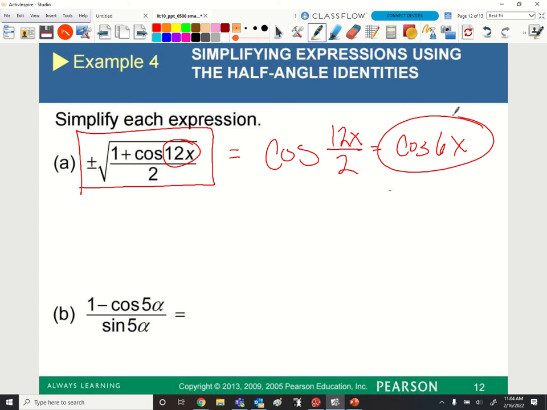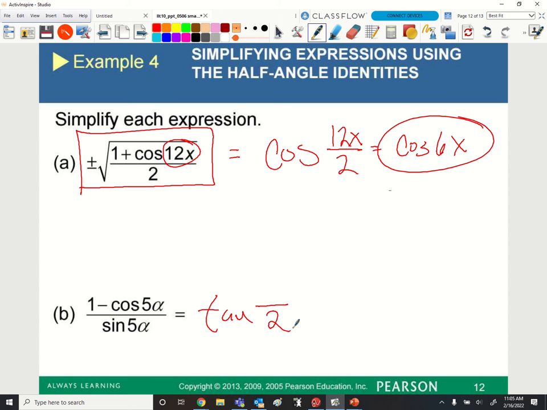So, look at B. Look at B. Right up here. Quit zoning out. B. What does B match? What formula does B go with? Tangent? It's going to be a tangent, right? This is going to be a tangent of some value over 2.